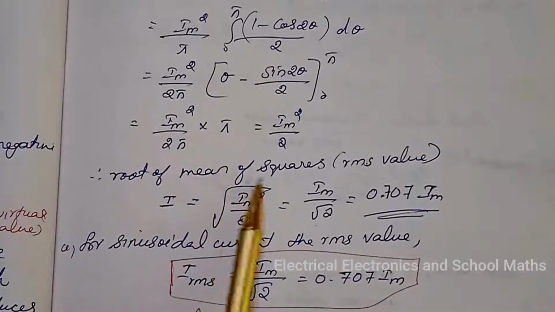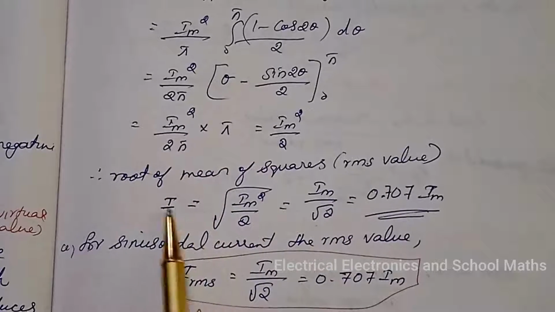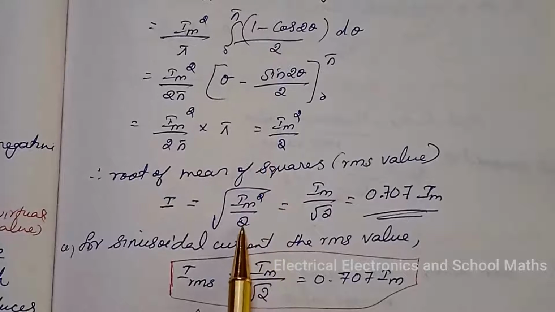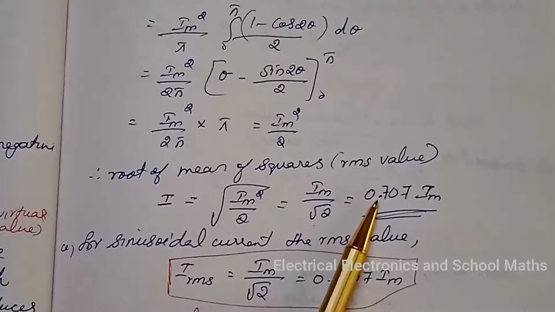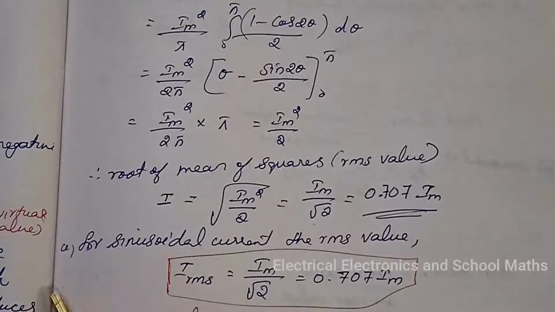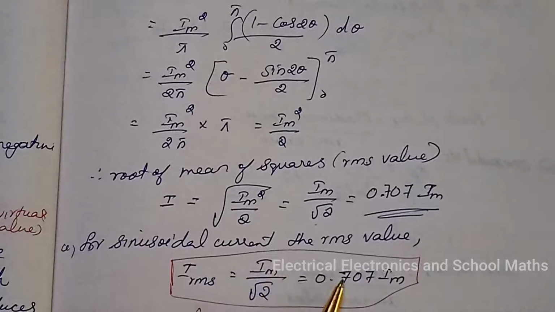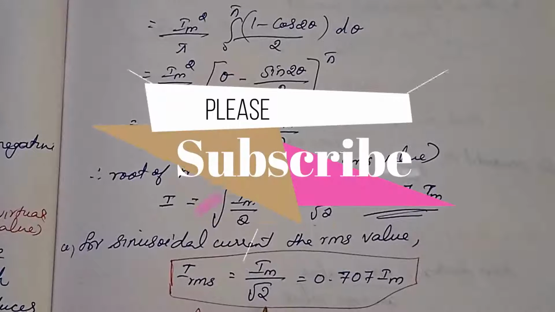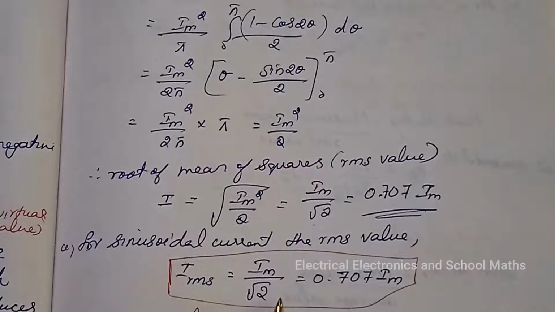Therefore, the root of mean of squares, that is the RMS value, is I equals root of Im square by 2, that is Im by root 2, or we can write 0.707 Im. That is, for sinusoidal current, the RMS value is I RMS equal to Im by root 2, that is the maximum value divided by root 2.